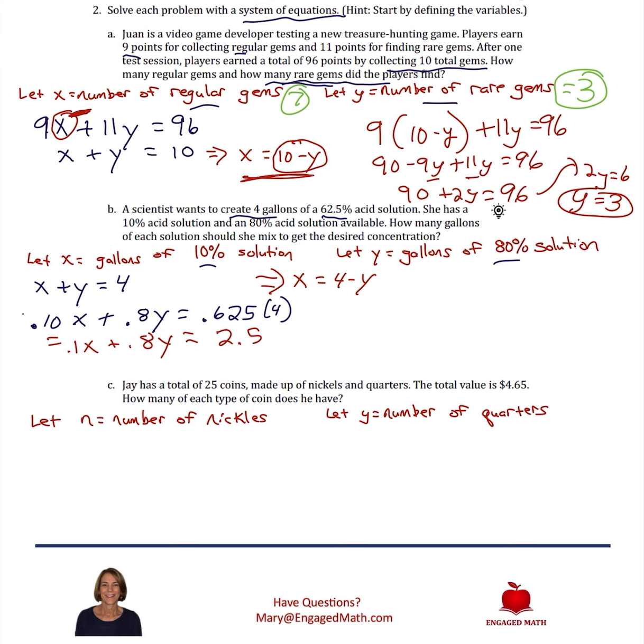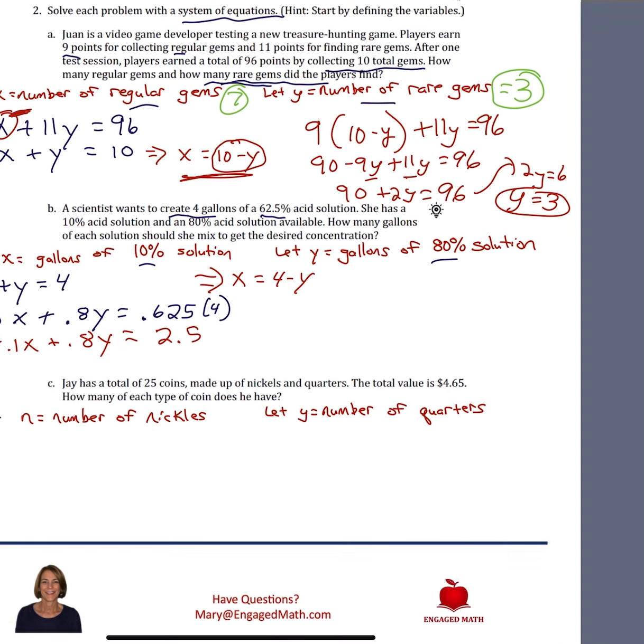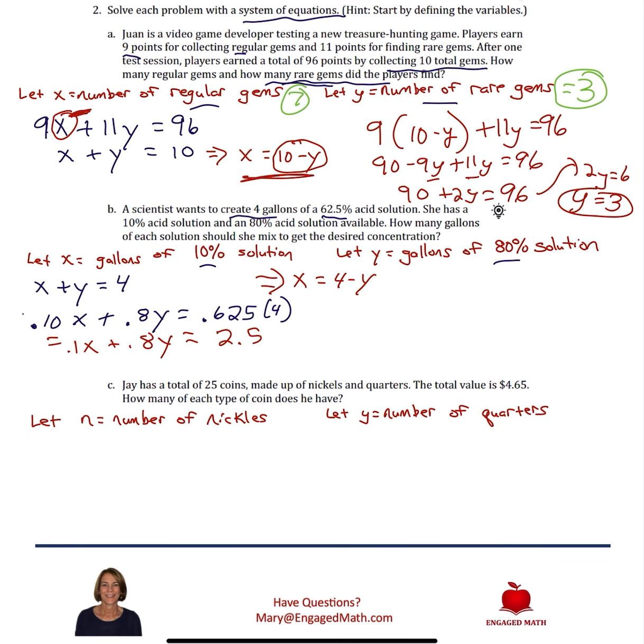Okay, so I just rewrote that top part. But the reason I was thinking 25 before is because I am going to multiply this entire red equation through by 10 so that all the decimals go away. So I'm going to rewrite it as 1x plus 8y equals 25, because I just multiplied the whole thing through by 10, moving every decimal place 1 to the right. So now I'm going to rewrite this equation, but substitute in 4 minus y wherever I have an x.